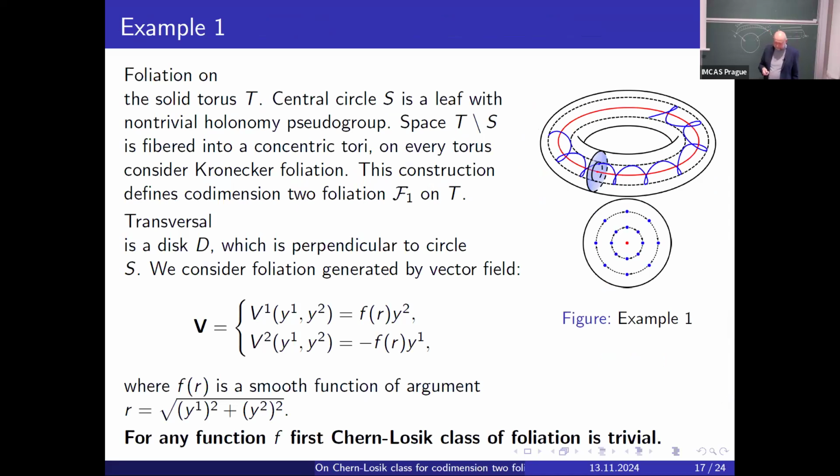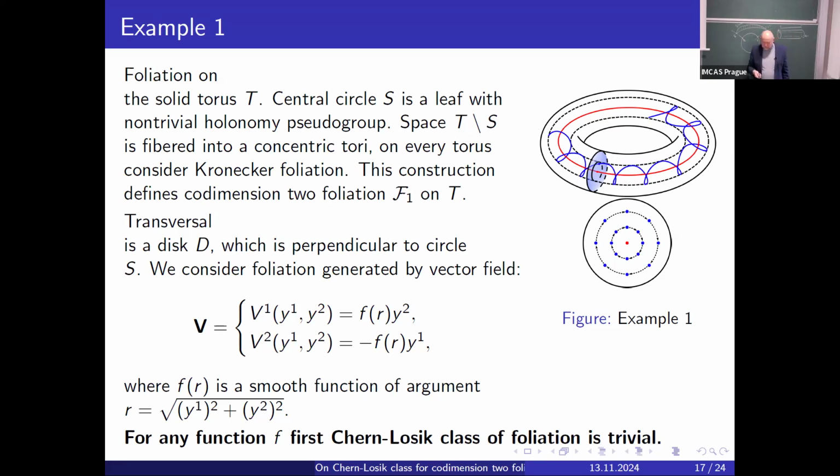So the first example. In this example, f is generated by a vector field, and the vector field is the following. What we see, the field minus y2, y2 minus y1, means that we have rotation around the central point in the disk.